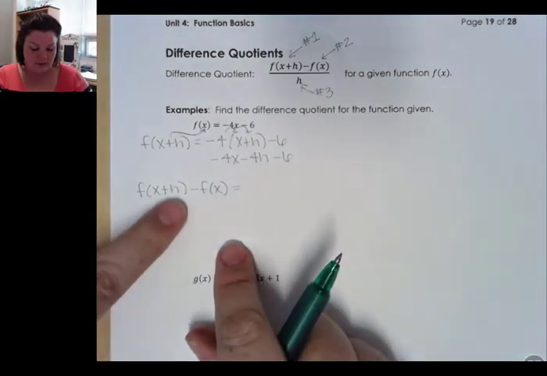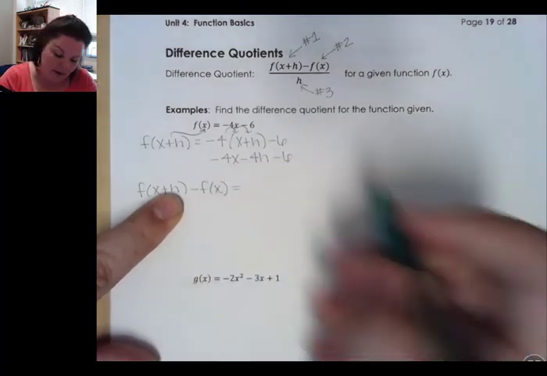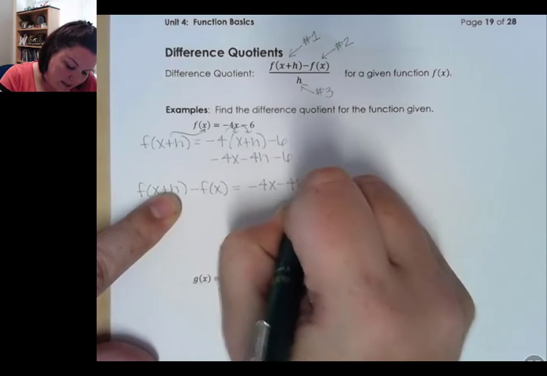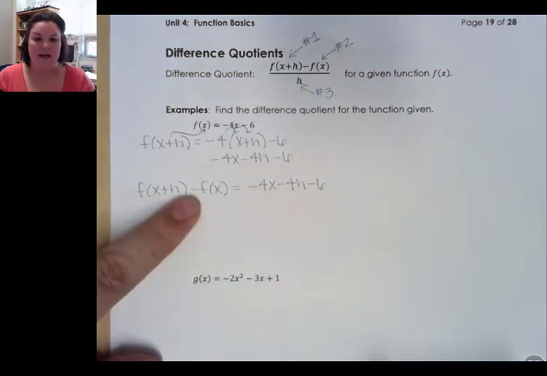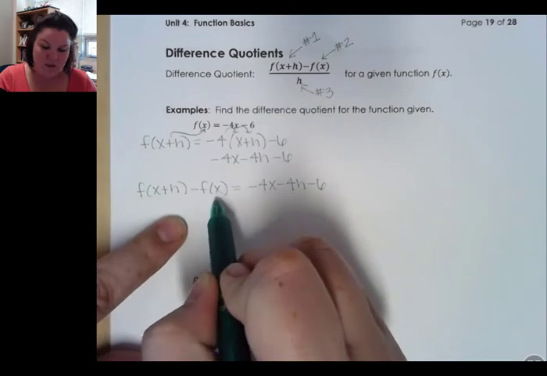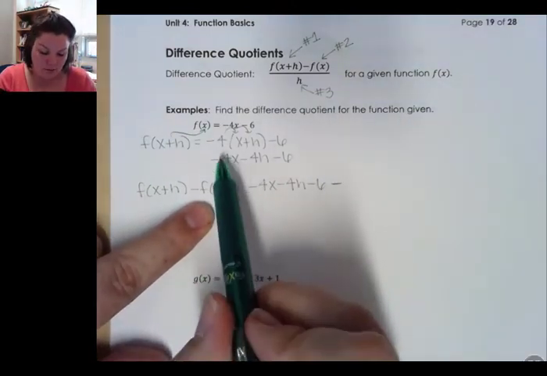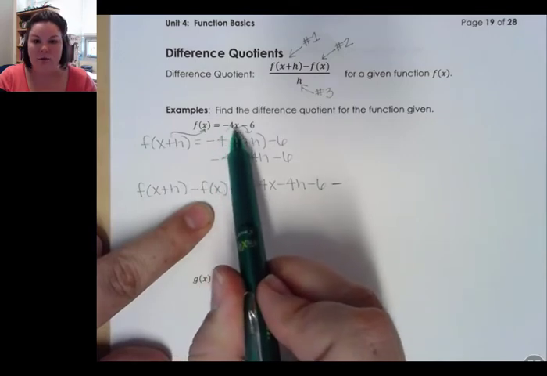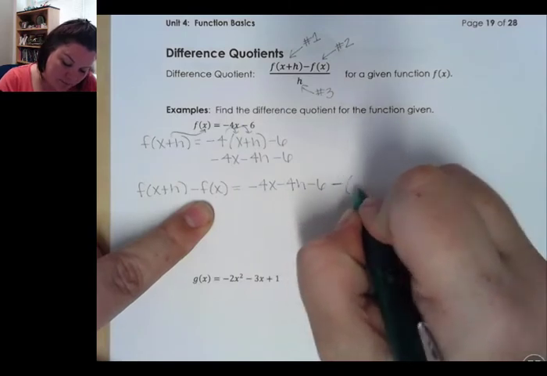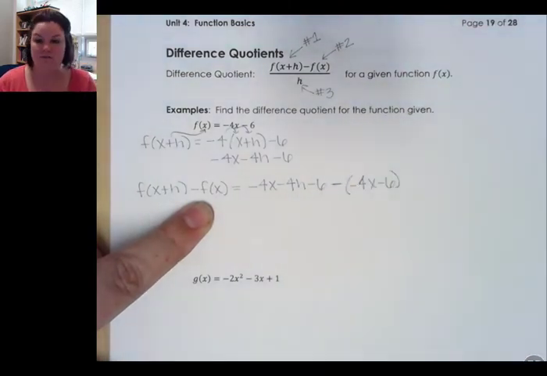This first part is what we just did, so I'm going to write that in. For this first part, we got negative 4x minus 4h minus 6. And now this new part says to subtract my original f of x function, which is negative 4x minus 6. Because I have 2 terms here, I want to make sure I put it in parentheses, because I'm subtracting both of them, not just the first one.